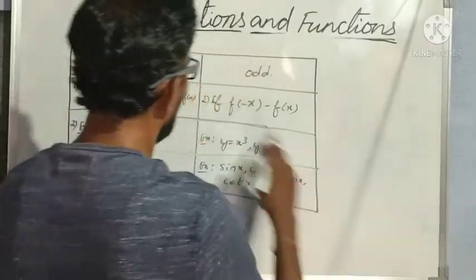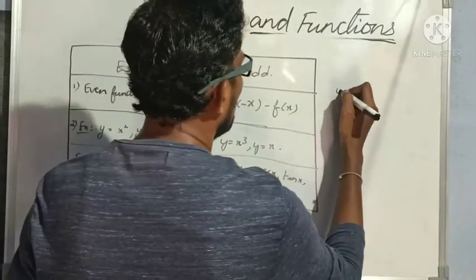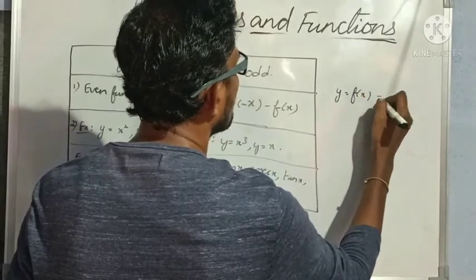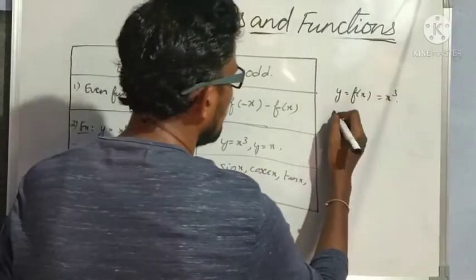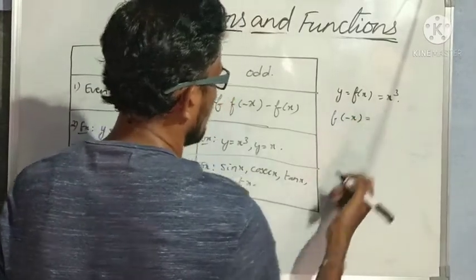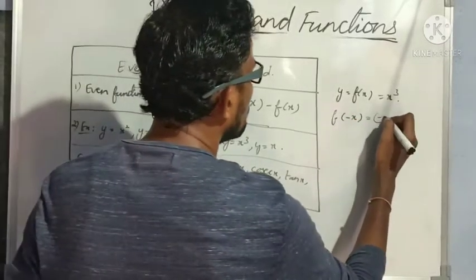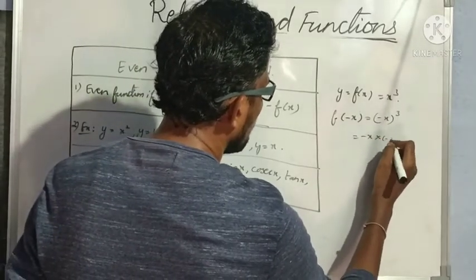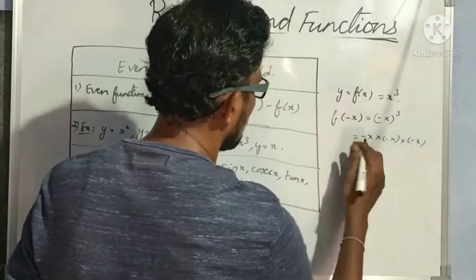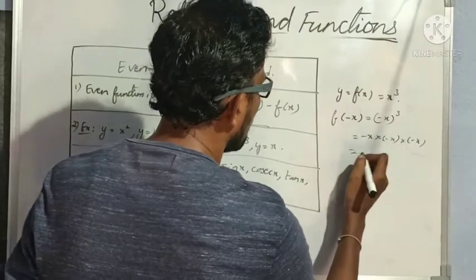One more. Now we will take y is equal to x cube. So that is f of x is equal to x cube. Okay. Now the same logic we have to do, that is in place of x we should substitute minus x. So f of minus x is equal to minus x whole cube. That is minus x, how many times we have to write? Minus x into minus x into minus x. Minus into minus plus, plus into minus minus.